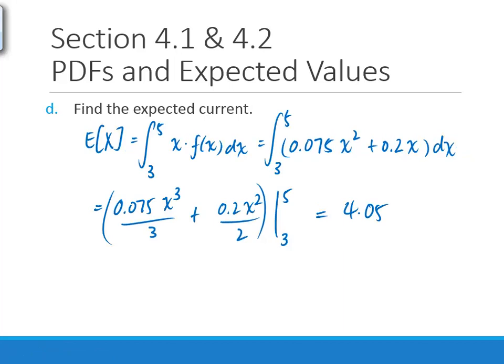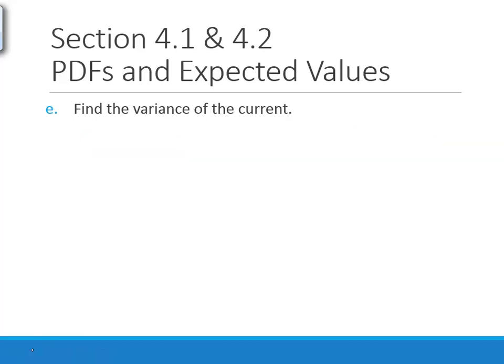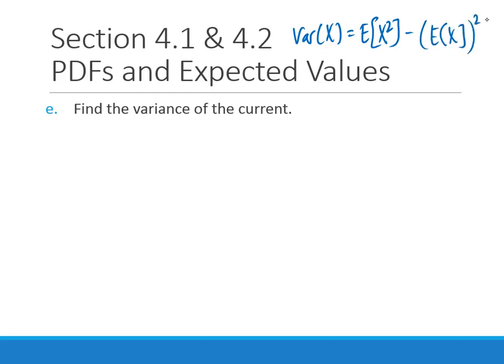Let's finish up talking about the variance of this current. We're going to use the fact that the variance of x is equal to the expected value of x squared minus the expected value of x, squared. We already calculated the expected current, so let's calculate the other piece and use that to calculate the variance.